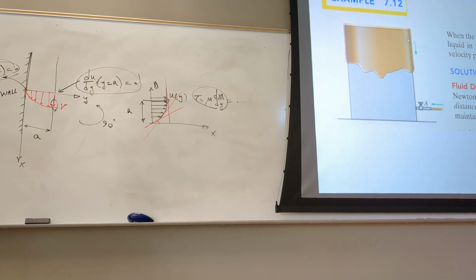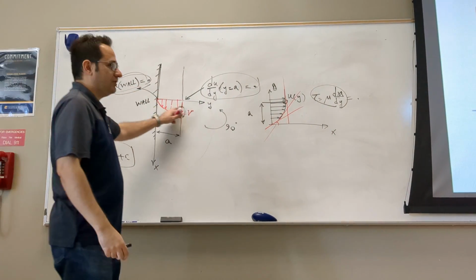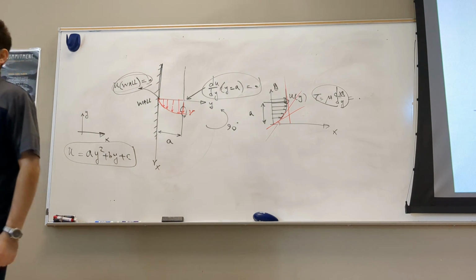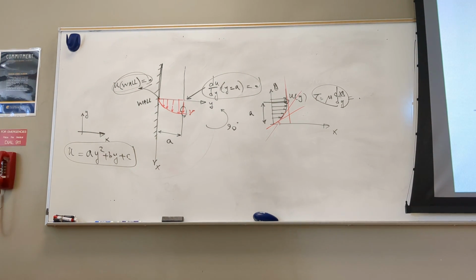If you have done it yourself, you already know what I'm talking about. So you say u is equal to a second order function of y: a y squared plus b y plus c, and these three are unknowns. Then you apply the boundary conditions to find these three. That's one way, right? But what's the other way?